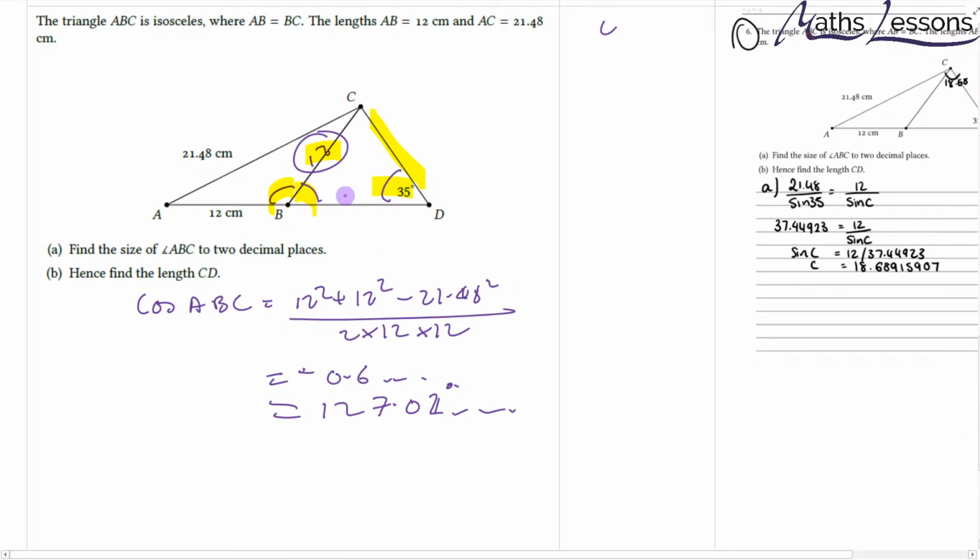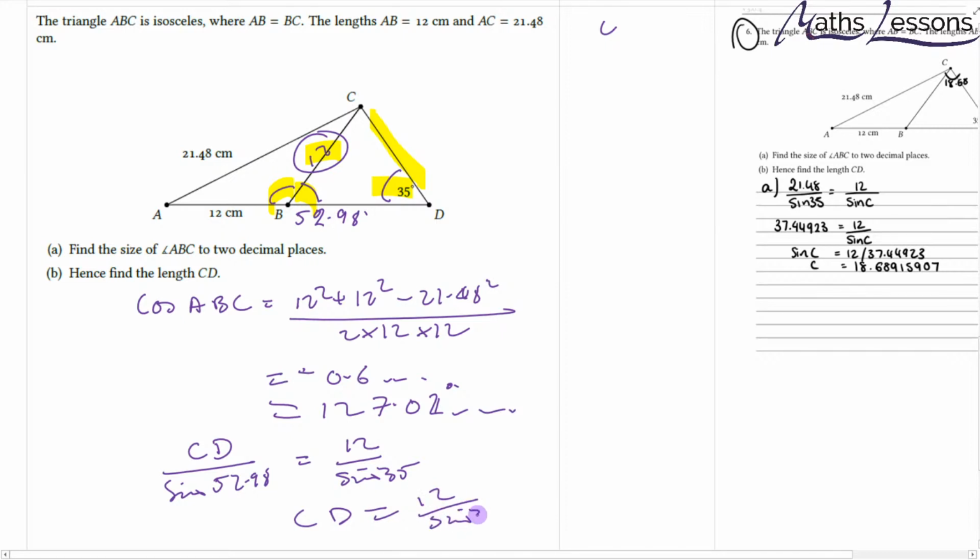This angle here is going to be 180 minus 127.6, so we're going to get 52.4 here. So CD divided by the sine of the opposite angle, 52.8, equals 12 over sine of 5. So therefore CD will equal 12 over the sine of 5 times the sine of 52.8.